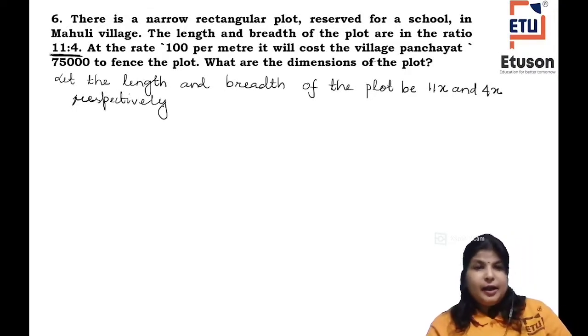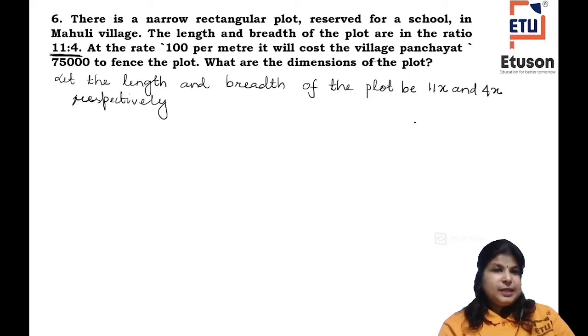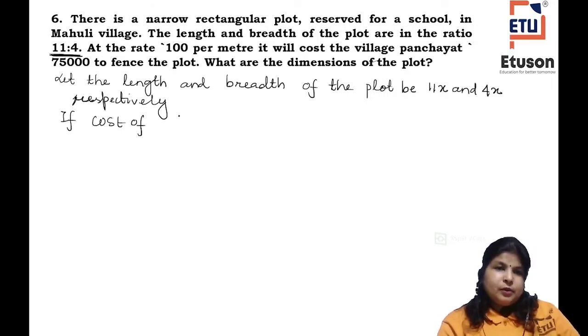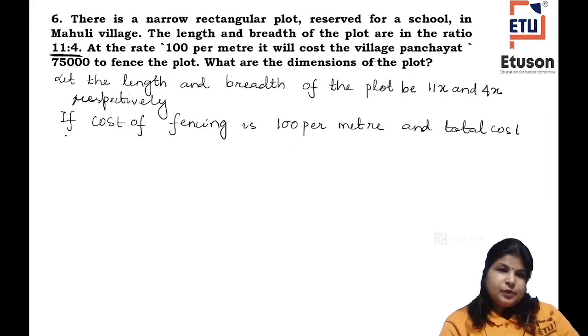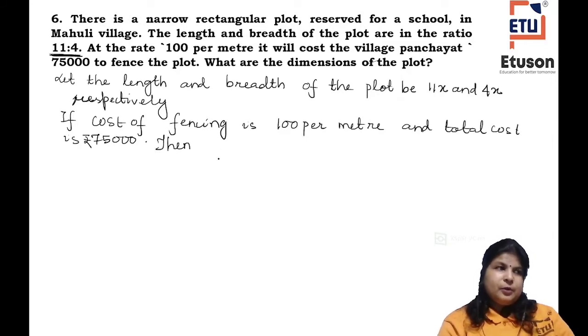At the rate of 100 per meter, it will cost the village panchayat. So that means if the cost of fencing is 100 per meter and the total cost is 75,000 rupees, then where do we put the fencing?